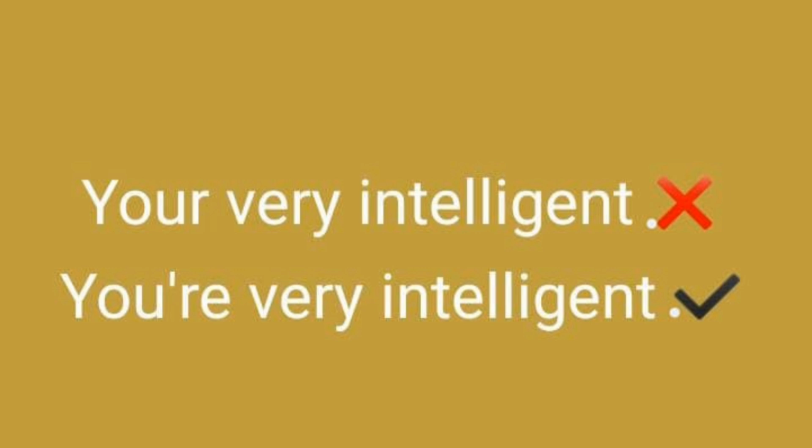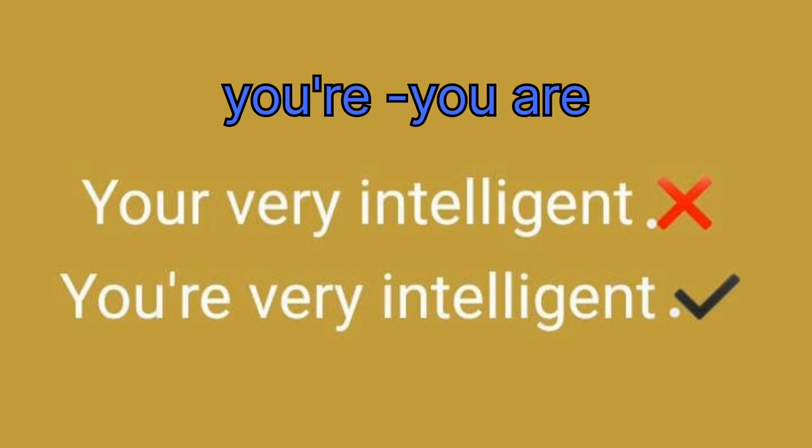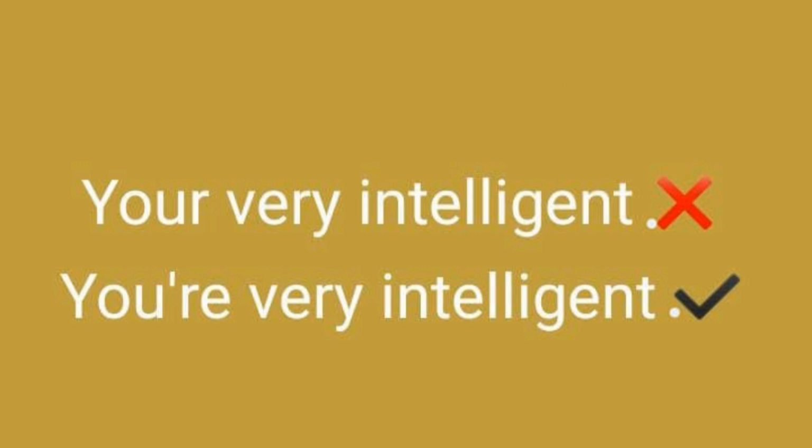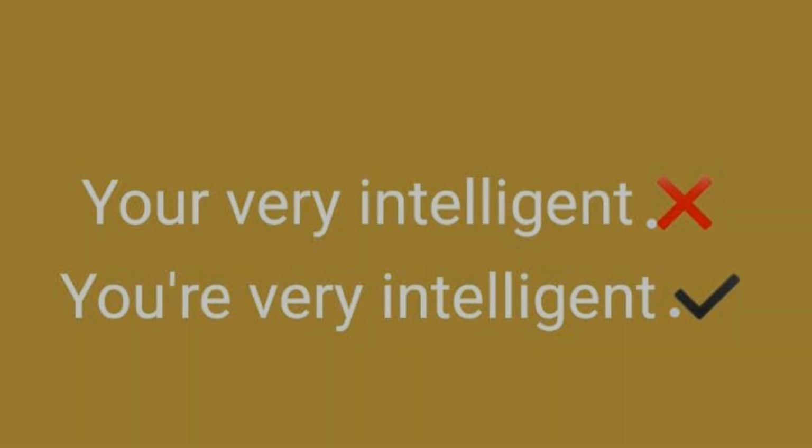You're means you are, while your shows possession. For example, we say your book is on the table. In this sentence, the book belongs to you. Now that we understand this difference, let us move to the third mistake.